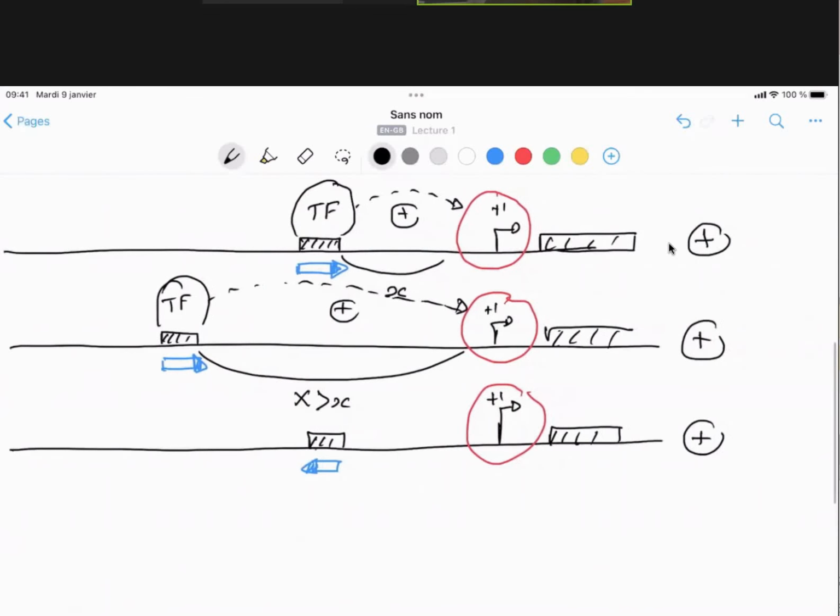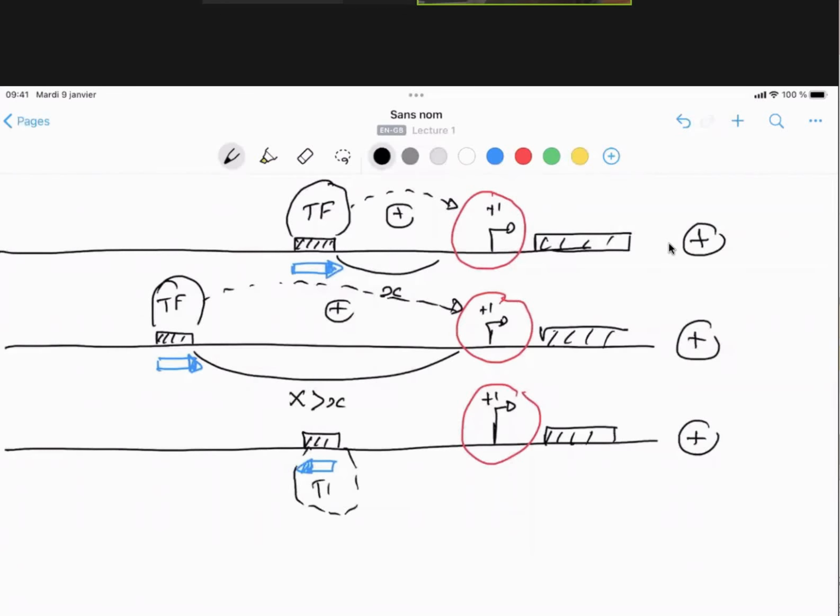It's not a problem because the transcription factor can bind, and because it can be close, it can still activate. So you can have this kind of situation.